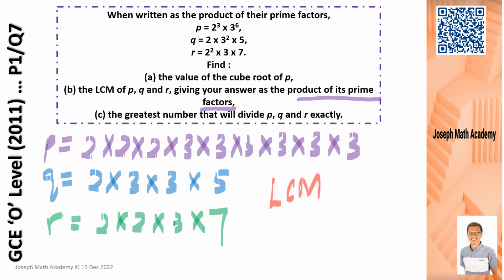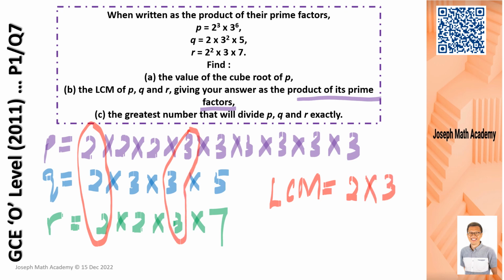They have this one set, so let's write down 2. This one is one set, so 3 is one set. So the lowest common multiple of P, Q, R... No, my apology.